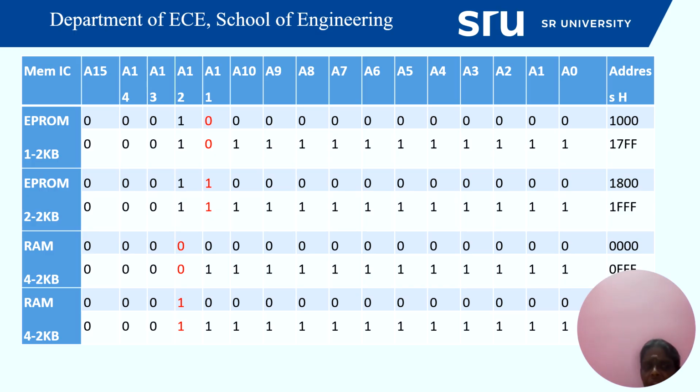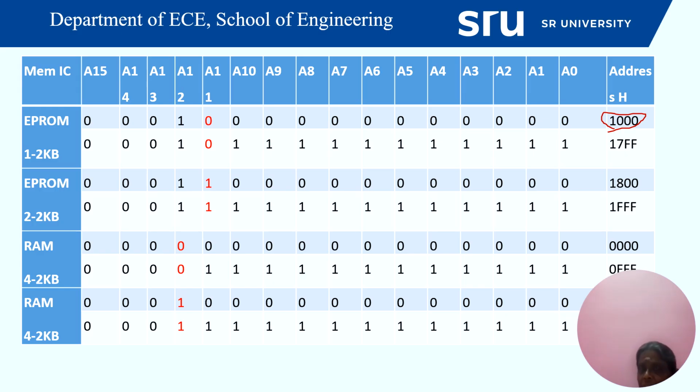Starting with the EEPROM, external ROM, the starting location is 1000. I have already told in the previous slide, because 4 kilobyte ends at 0FFF, that is why the next address is 1000. So how will you mention this one?